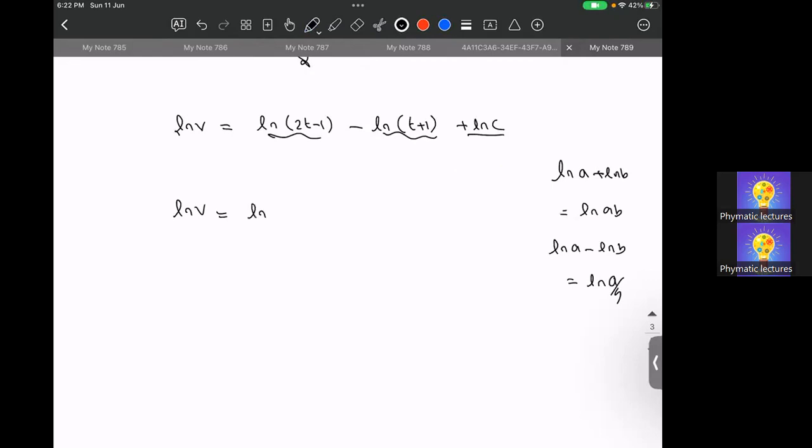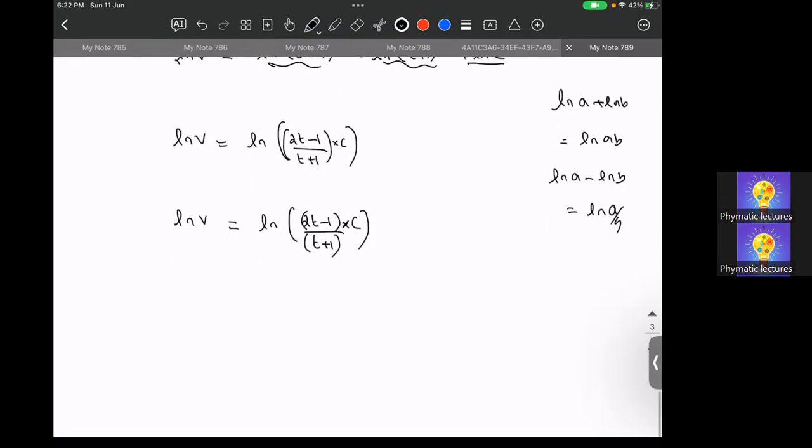So this we can write as ln of (2t minus 1) by (t plus 1) times c. So we got an expression. What is our expression we got? Ln v is equal to ln of (2t minus 1) by (t plus 1), and it is being multiplied with the c, right?